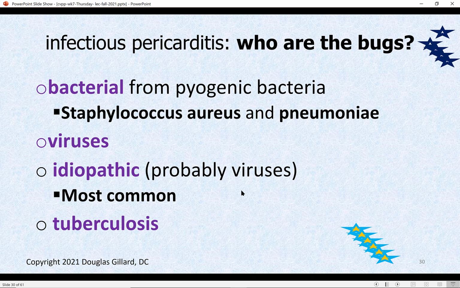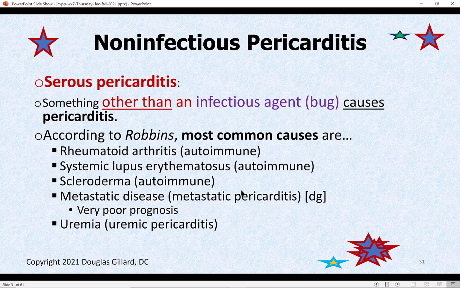We said that it likes the adrenal gland as well. But idiopathic, sometimes they can't figure out what the cause is. Maybe it's a virus that they weren't able to catch. Now, that's pretty straightforward. Okay, infection, inflammation, juice. Okay, the pericardial cavity fills up with fluid.